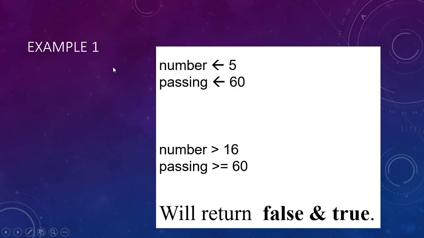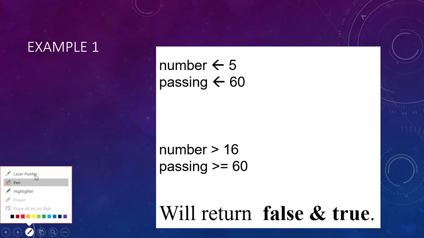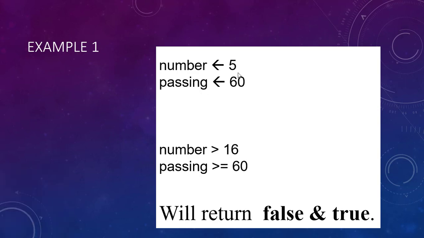Now, let's say number is equal to 5 and passing is equal to 60. Now we are comparing these values. The number variable is 5, as you can see from the slide, and passing is 60. What is the current value of number? It's 5.